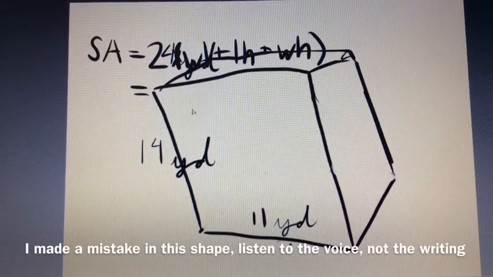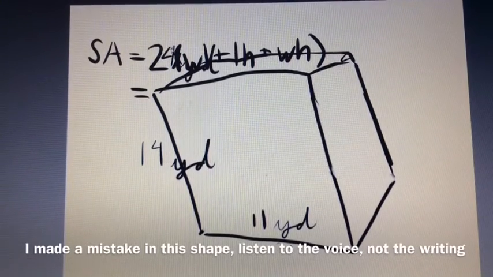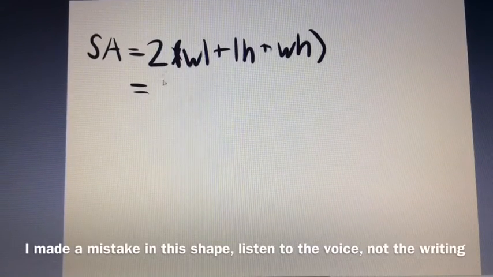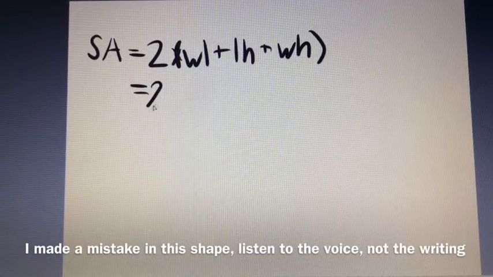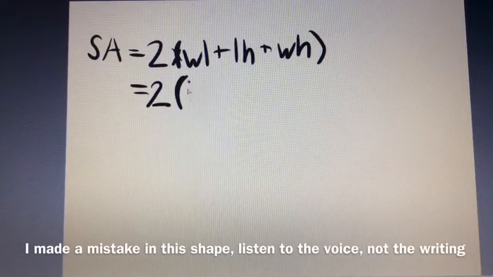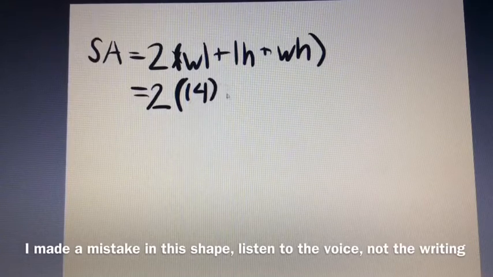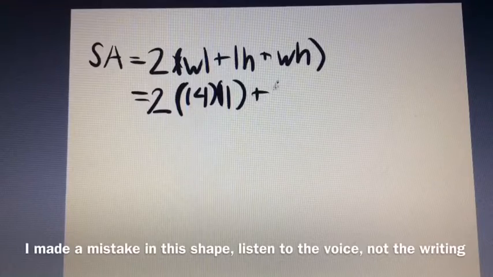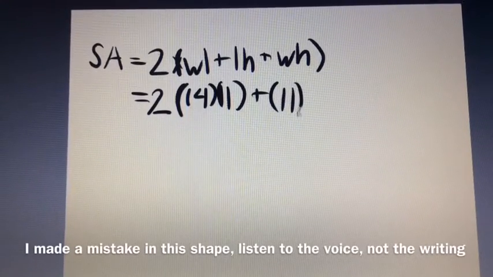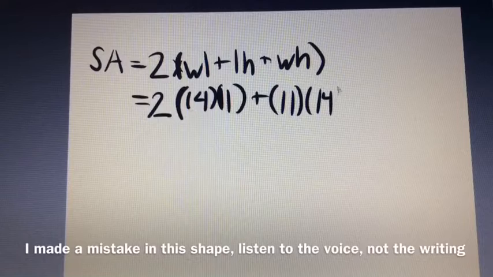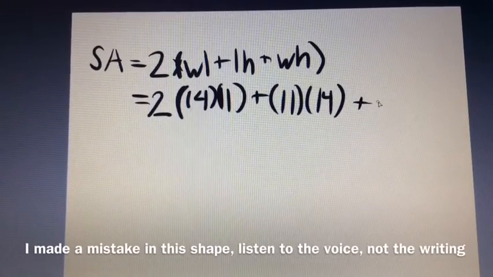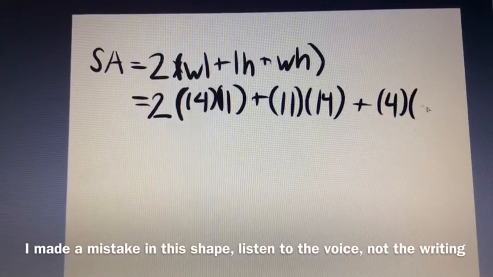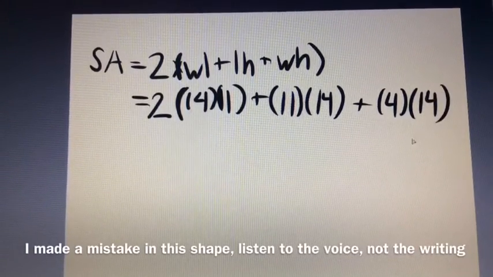So our width is going to be 4, as you can see right over there. It's kind of hard to see, but you can slightly see it. So, you plug in your numbers. 2 times 4 times 11 plus 11 times 14 and 4 times 14.